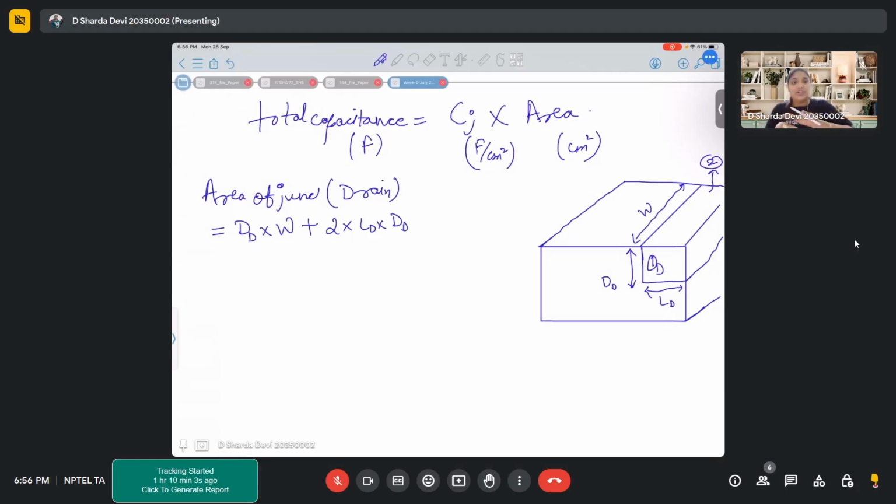Now third, you will have a junction which is at the bottom, right? So it will consist of your LD, that is length of your junction, and the width of the transistor, so the bottom face. So LD into W. Any other faces do we need to consider?